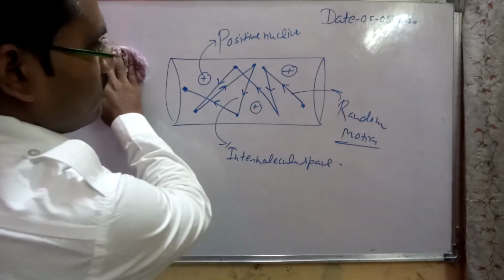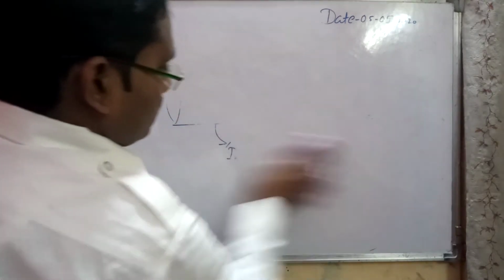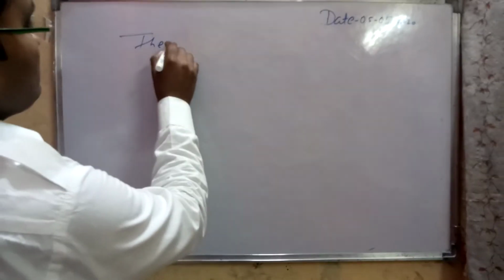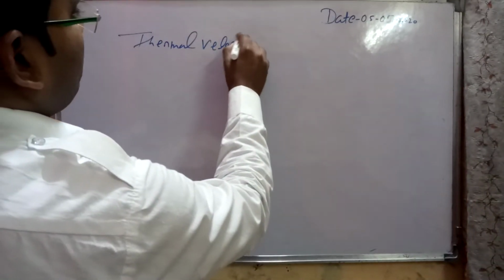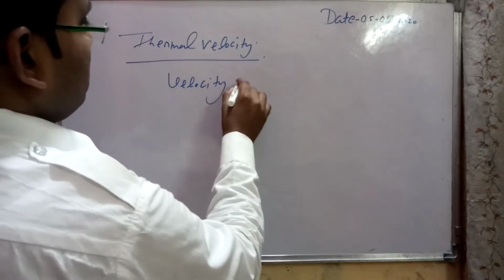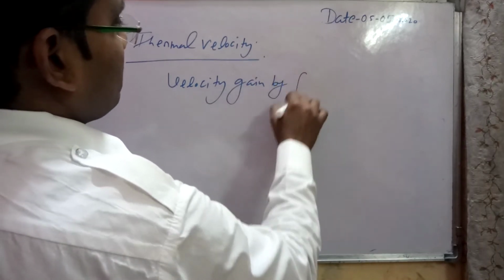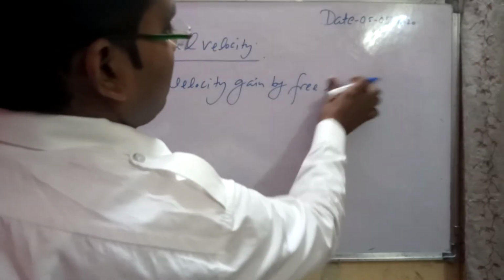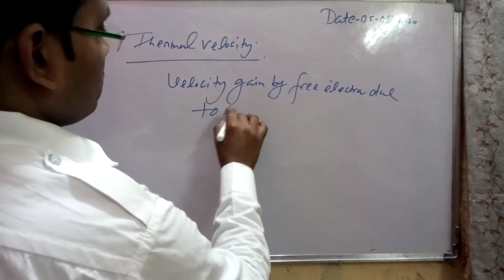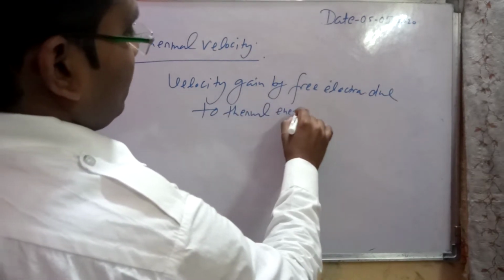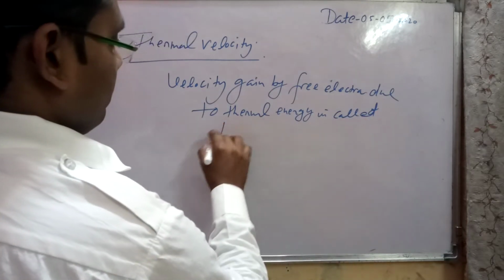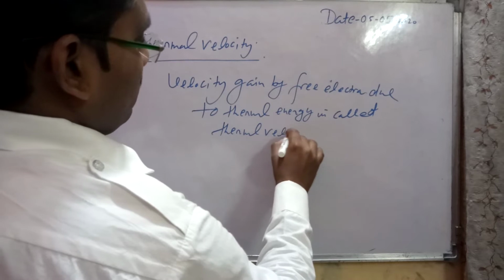So now here we take some definitions related to free electron theory. Thermal velocity: the velocity gained by free electrons due to thermal energy is called thermal velocity.